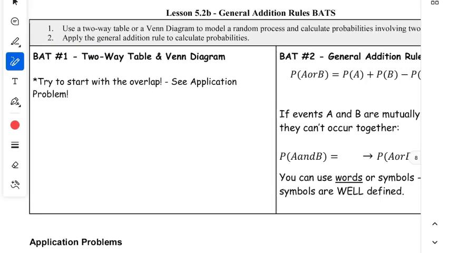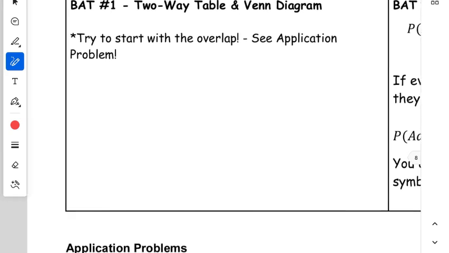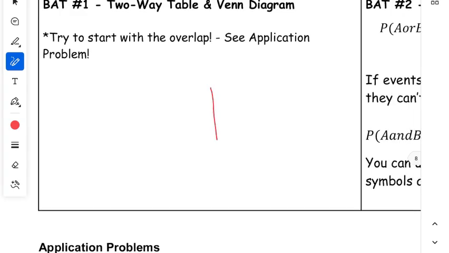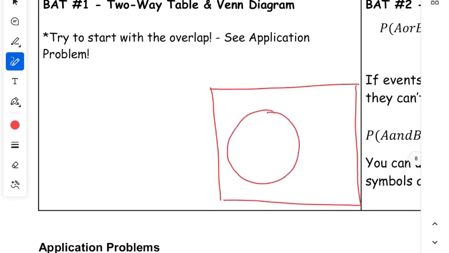All right, two-way tables and Venn diagrams. We're going to see how they correlate to each other. So I'm going to have you draw on one side a Venn diagram.